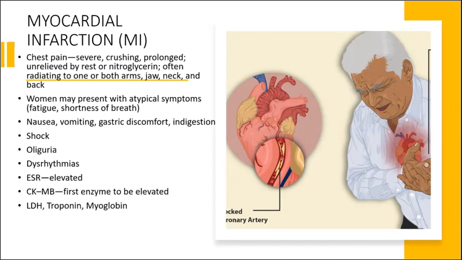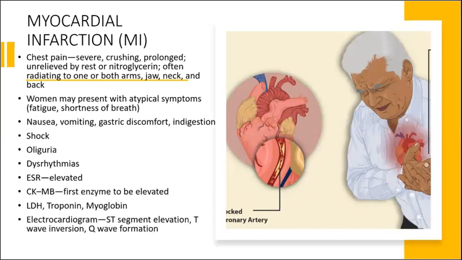Another basic investigation we must carry out, especially in the presence of chest pain, is an ECG. Again, what are you looking out for in your ECG? We're looking out for ST segment elevation. Remember, normally your ST segment should be on the isoelectric line. But what do you see on your ECG?